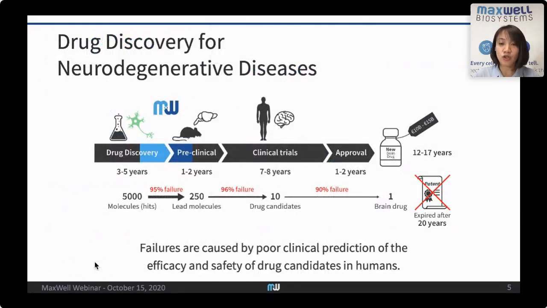All right. So why are we actually doing this? What is the motivation? First, let me show you this slide wherein we have the pipeline for drug discovery for neurodegenerative diseases. And here you can see that there are a lot of failures going on. The reason for that is because we have poor clinical prediction of the efficacy and safety of drug candidates in humans.